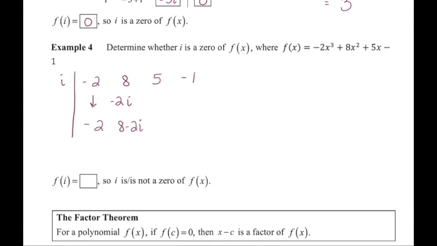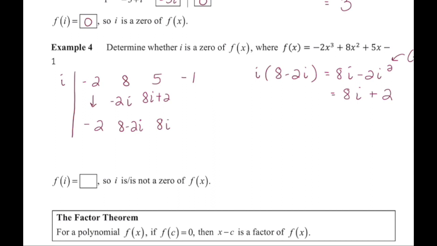I'm going to do a little side work here. I need to take i times 8 minus 2i, which is 8i minus 2i squared. Replacing that i squared with -1 provides us with 8i plus 2. So I'll bring 8i plus 2. Combining like terms, I'll still have 8i plus 7.